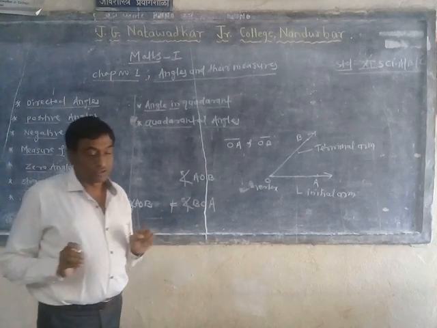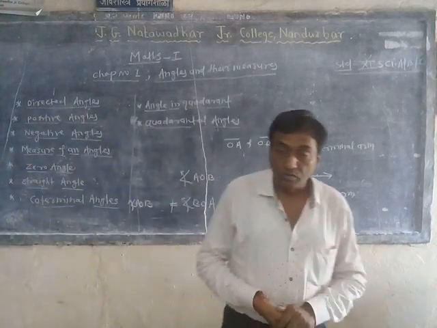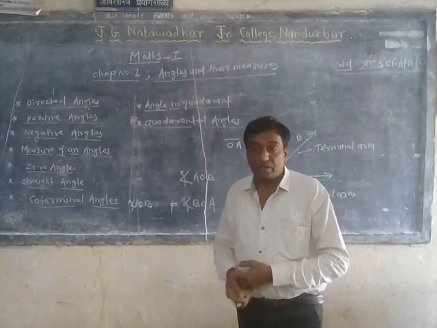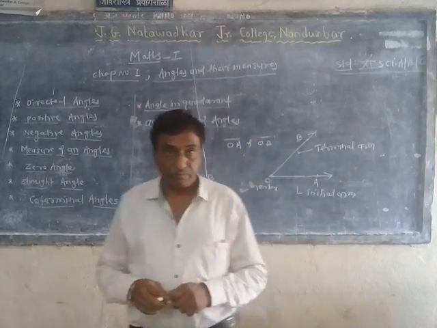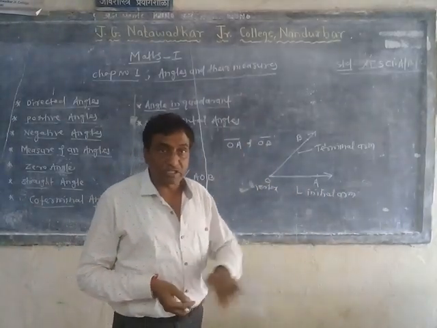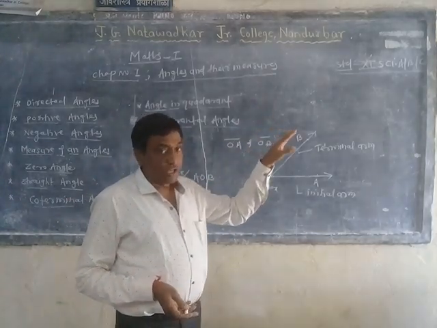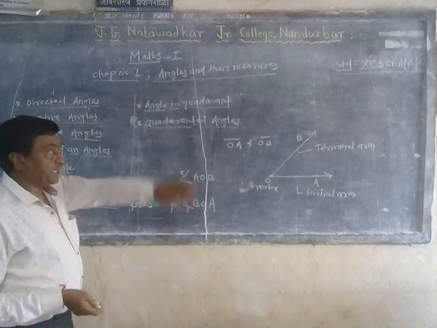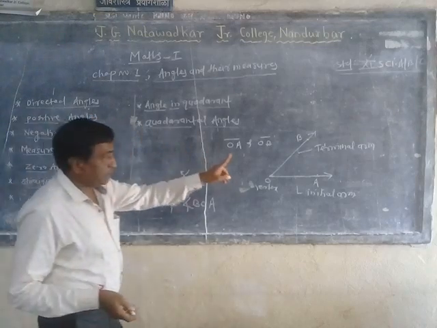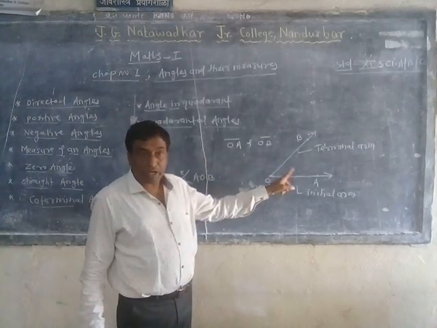Understood? Now, due to rotation, there are two types of angle, because rotation may be clockwise or anti-clockwise. If the rotation is anti-clockwise, the directed angle is called a positive angle.